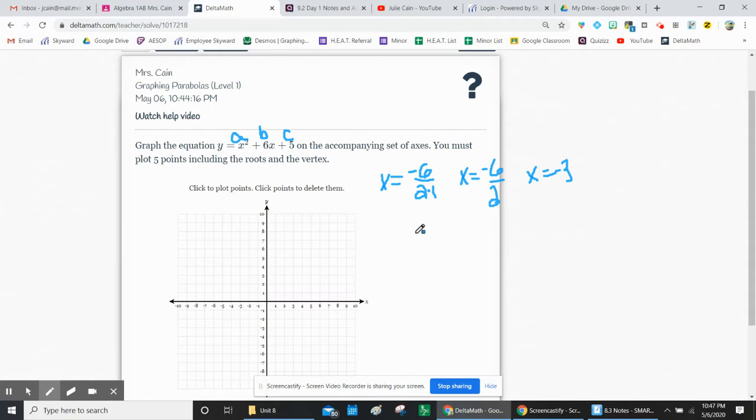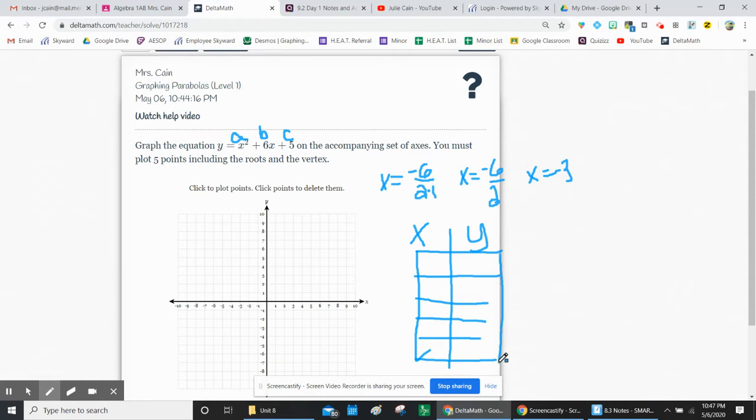Okay. So then what I'm going to do is basically make a table of values. So I'm going to pick 1, 2, 3, 4, 5. So my center point is going to be that -3.